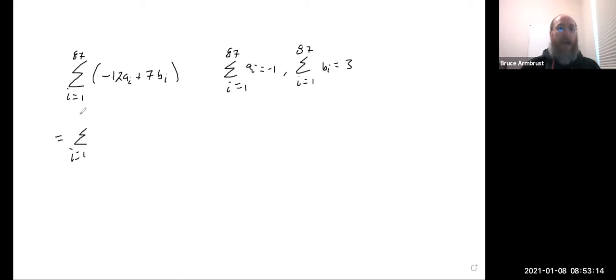Since we're adding two things, we can actually split it into two sums that are being added. So we can pass that sum through to each of those pieces. If it's being added or subtracted, you can definitely do this.